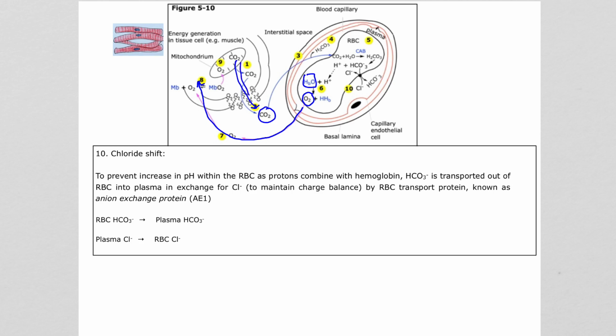So carbon dioxide will be taken up by the red blood cell, while oxygen will be given by the red blood cell to the muscle tissue. So at this stage in the muscles or other tissues, the red blood cell will have quite a bit of deoxyhemoglobin.